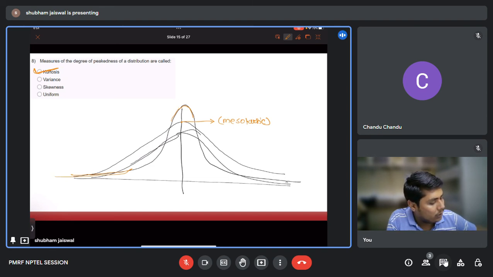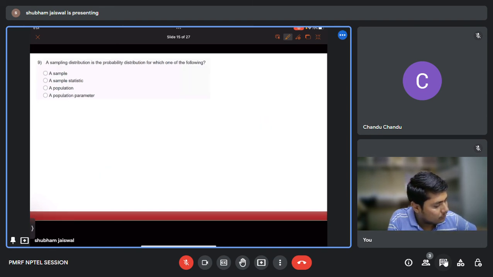Now our next question is: a sampling distribution is the probability distribution of which one of the following? A sample statistic or a population parameter. Read the question carefully, the answer is given in the question itself.